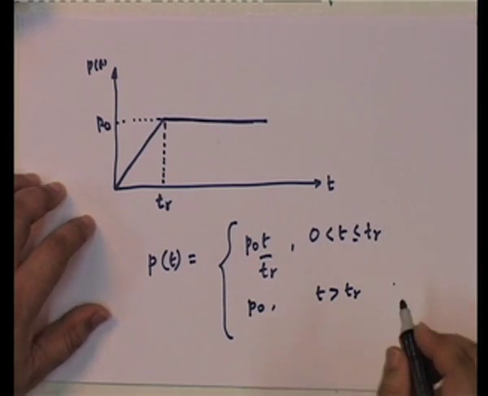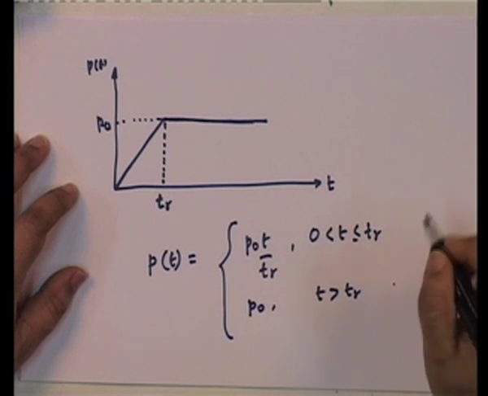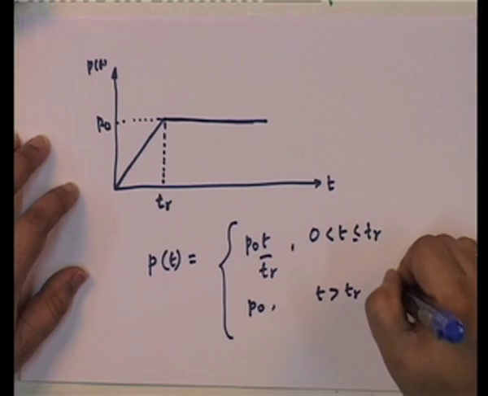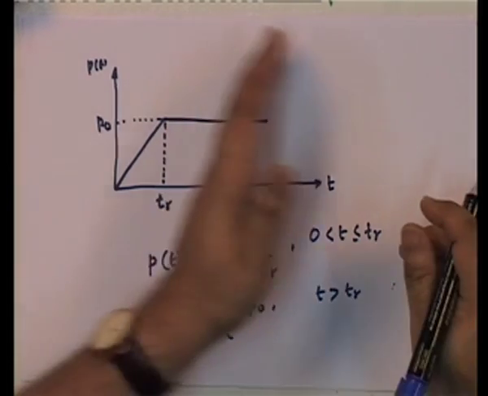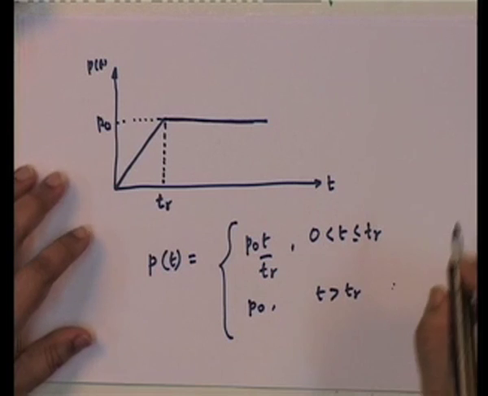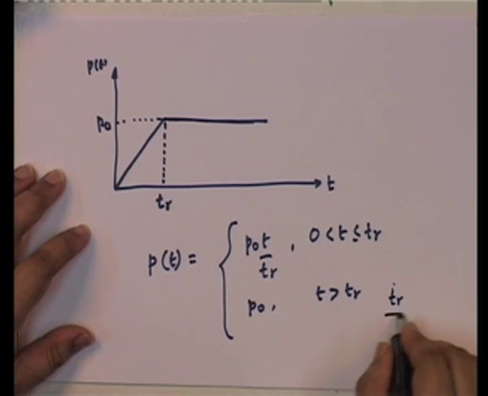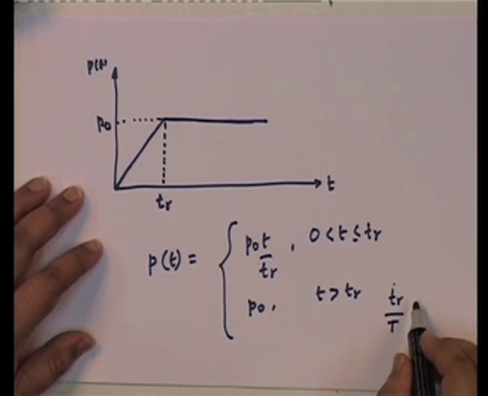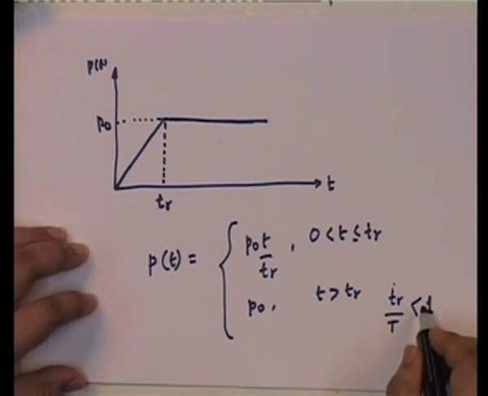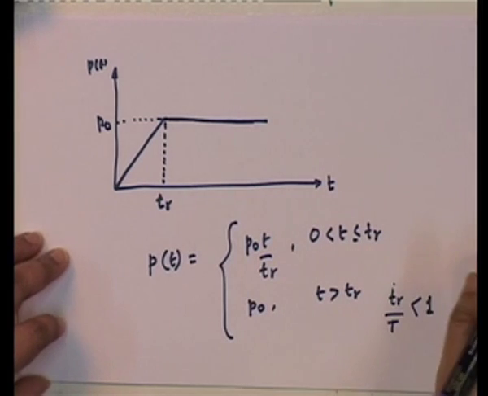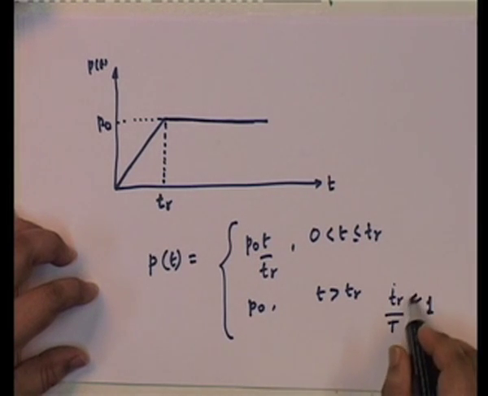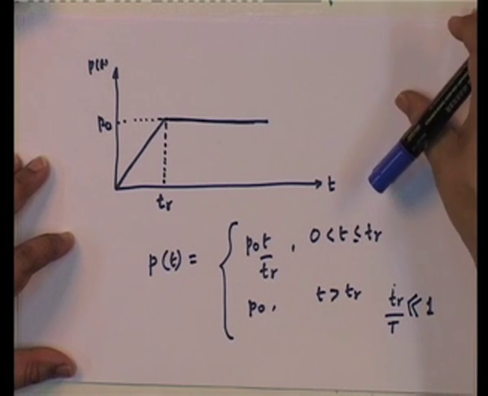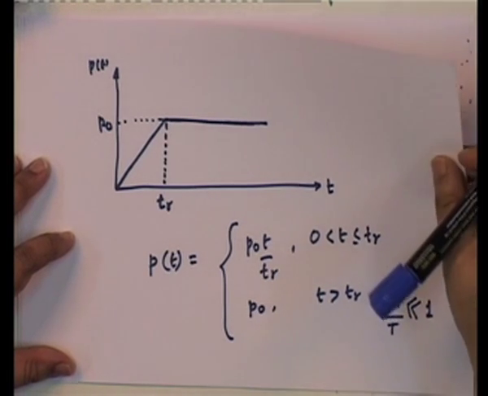So, in other words, there are two solutions, and what I am going to do is assume that T r by T is, let us say, substantially less than 1, and therefore, the duration of the load does not really matter, because T r by T is substantially lower than 1. So, let us look at this solution.